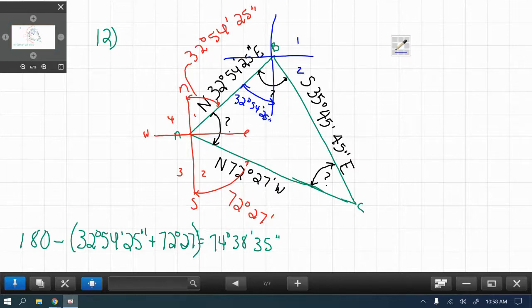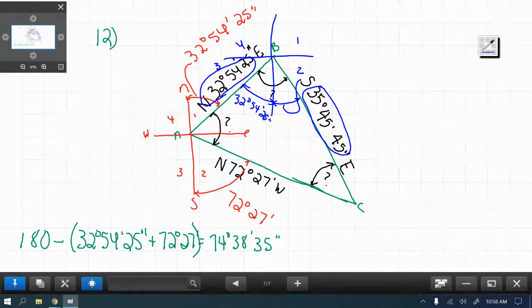This is in quadrant 1, 2. This one is the 35. So all you would do is add those two together to get the angle for B.